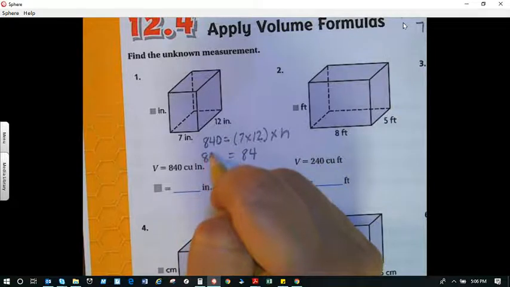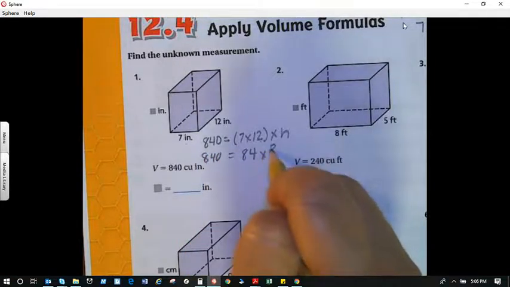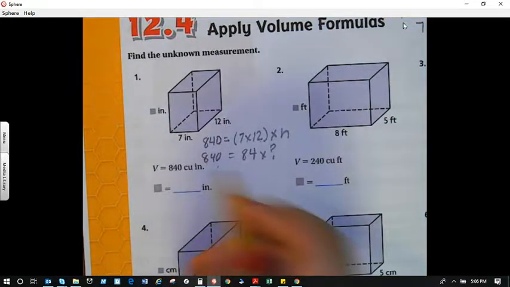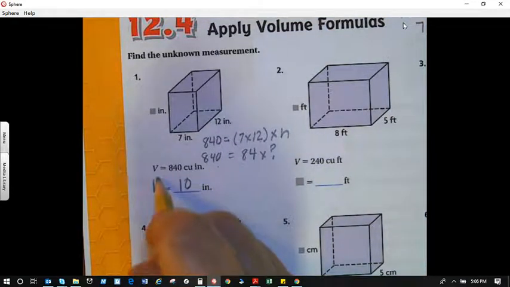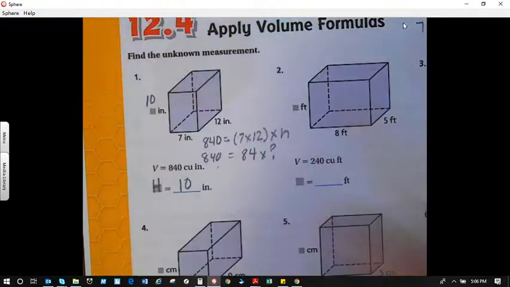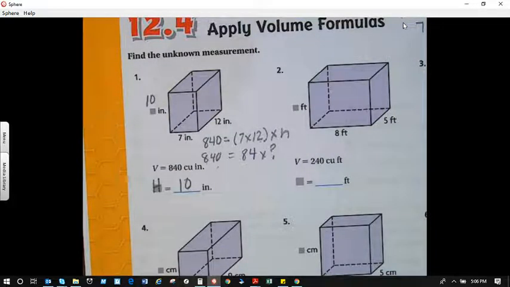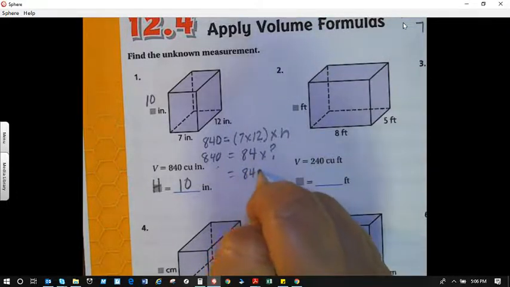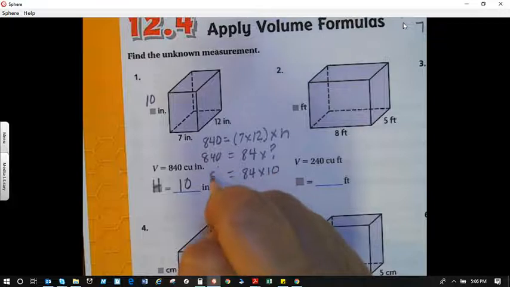And 84 times what will give us 840? You said that it was 10. So h equals 10 inches. If I wanted to finish up the equation, 84 times 10 equals 840.